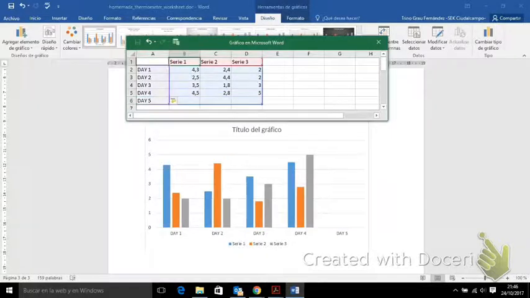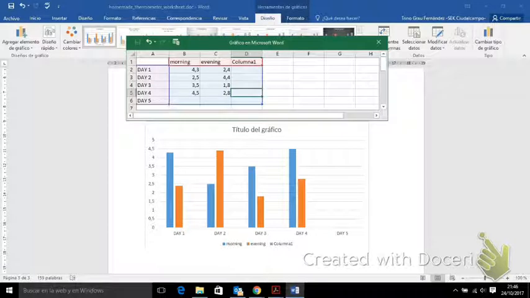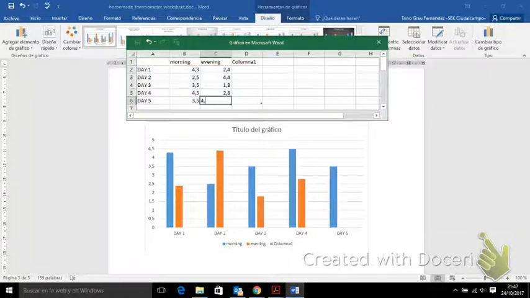And then the series are morning and evening. So this one we're going to delete it. Okay, and then what we should include here are two data series, and for example this one and this one.